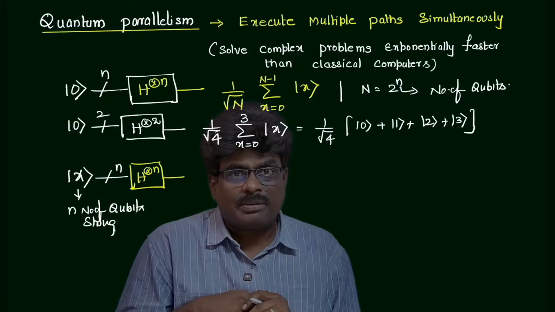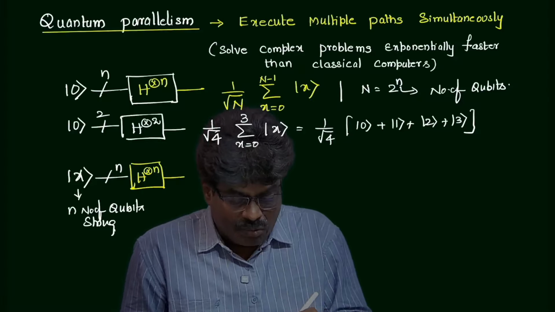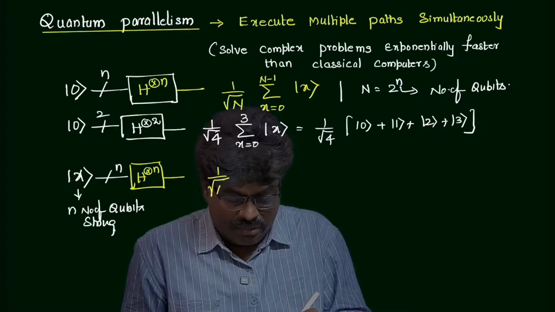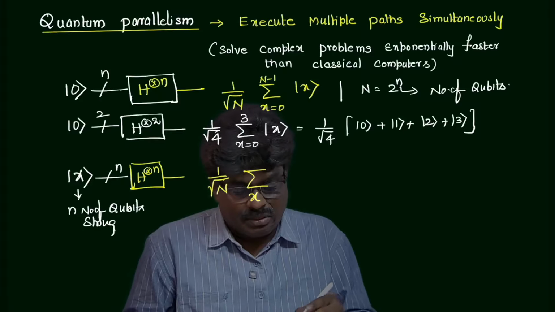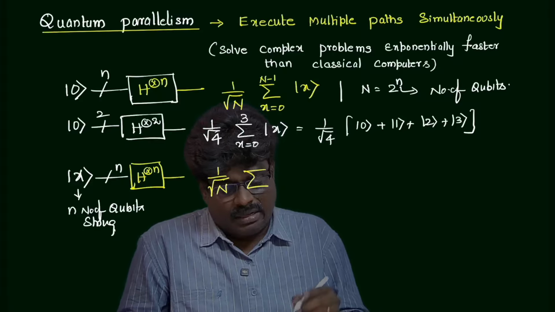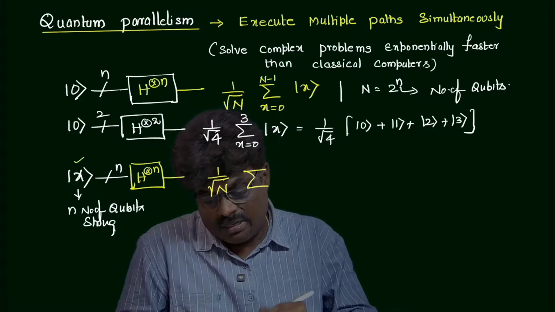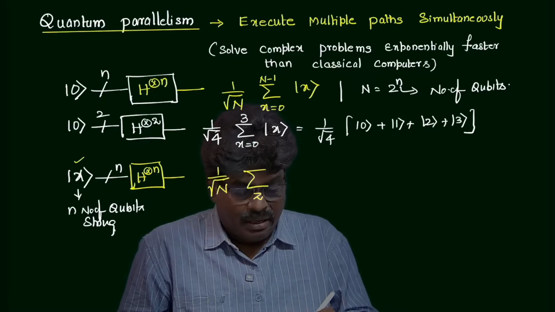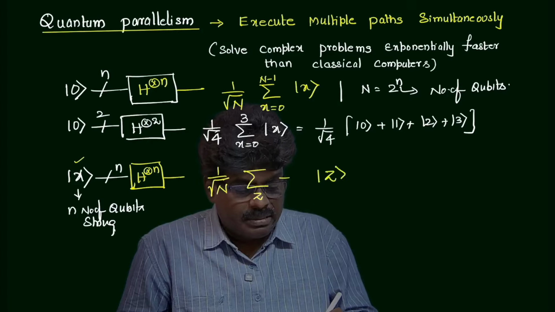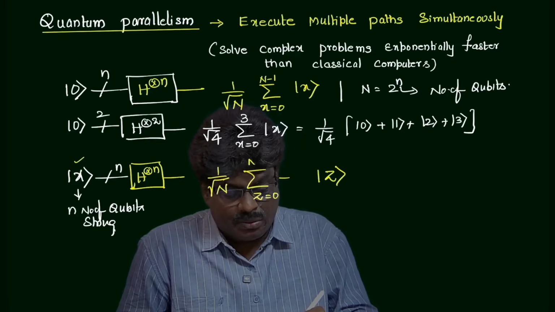Then what about this? Here we will write this output as 1 over root N as usual, summation over x, sorry, I can't take x here because the input already uses x. So let us suppose summation over z, where z equals 0 to N minus 1.